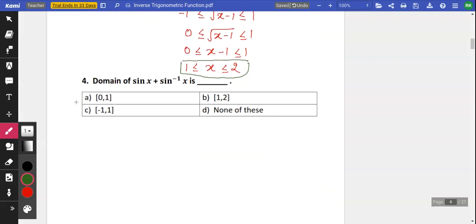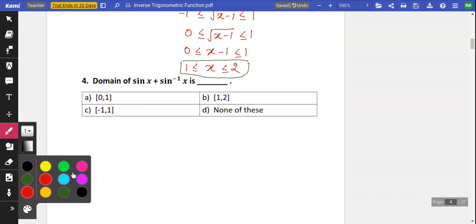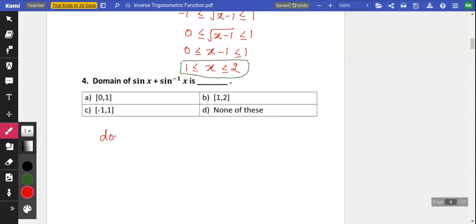In fourth question, find the domain of sin x plus sine inverse x. Basically, the domain of sin x is all real numbers, and the domain of sine inverse x is from minus 1 to 1.